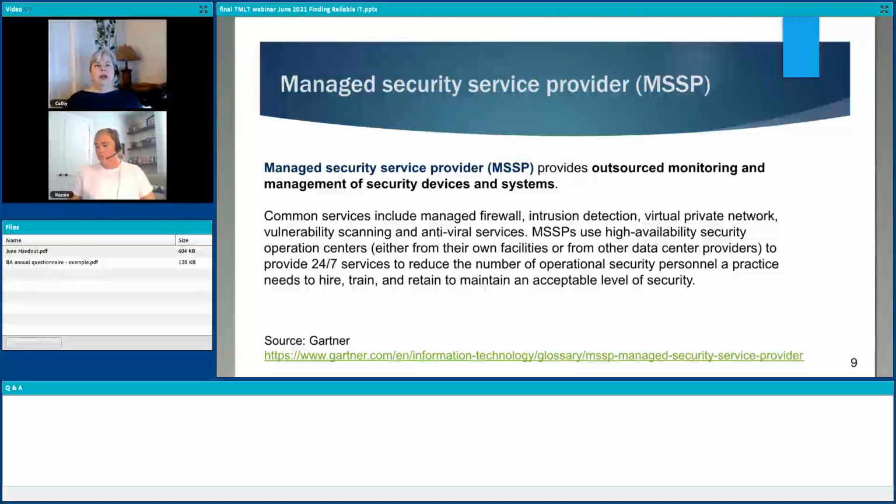Commonly, they monitor and maintain things like your firewall, intrusion detection, your VPN, vulnerability scanning, antivirus services, other patch management services throughout your organization. Typically, this level of provider is available on a 24-hour, 7-day-a-week basis to keep your system running optimally. And so you can imagine that with this higher level of service, the expanded service of 24 hours a day, 7 days a week, you will be paying a higher cost.